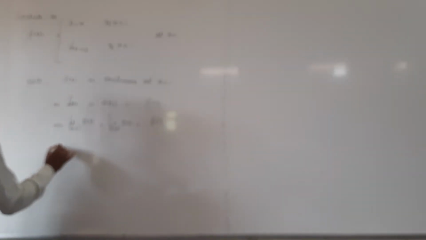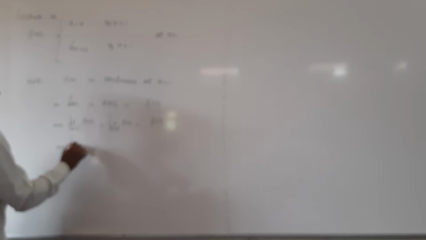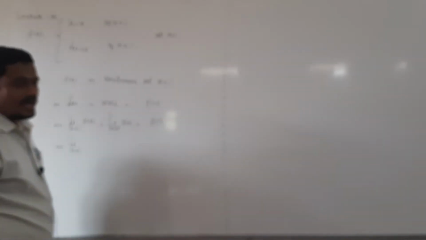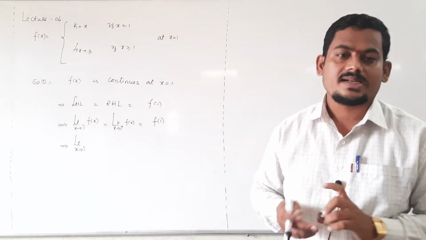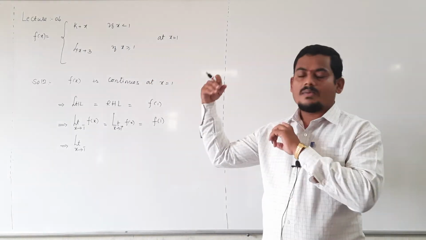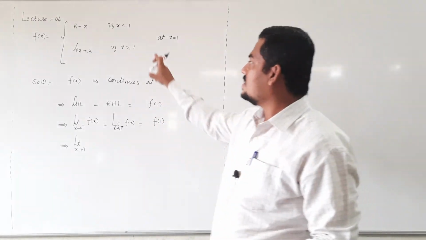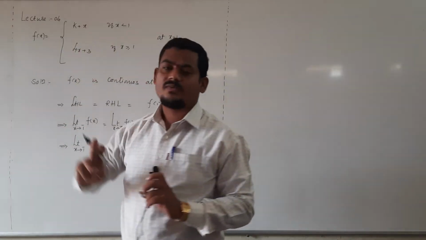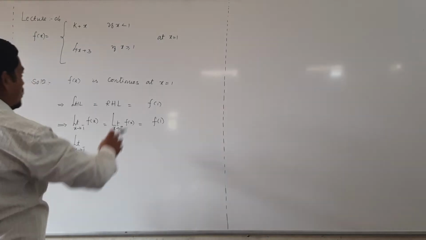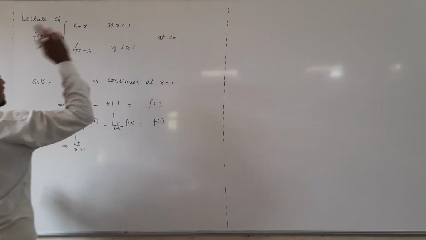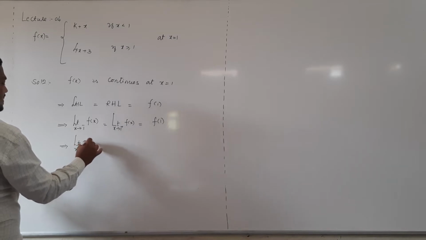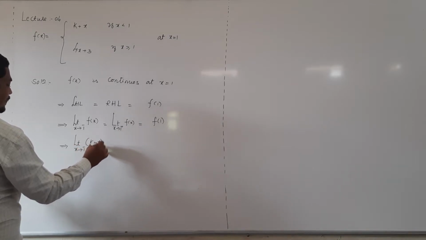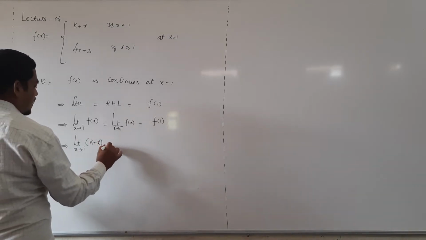Now limit extending to 1 minus, you already know the meaning of 1 minus, not minus 1, right? 1 minus means less than 1. Once x is less than 1, the function is k plus x. So replace f of x with k plus x.